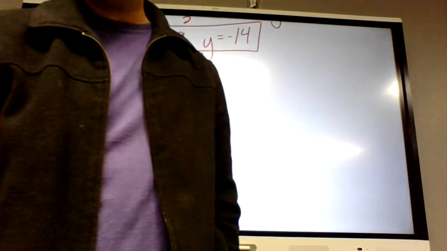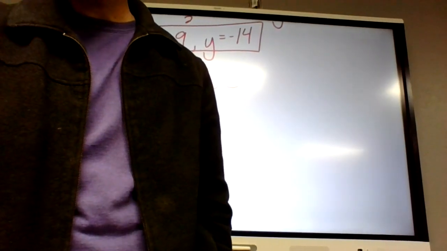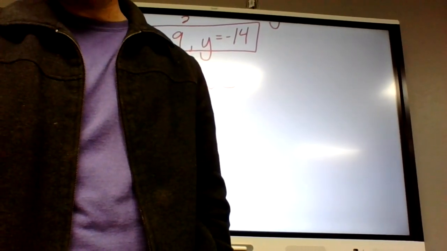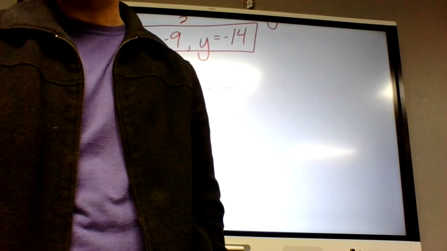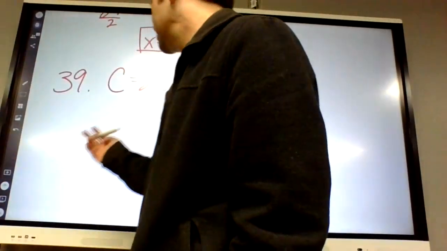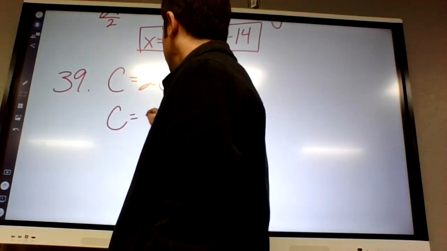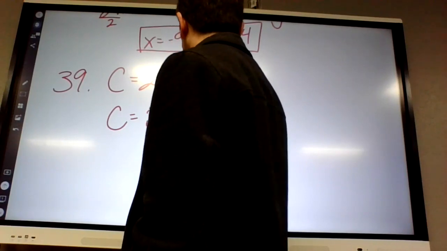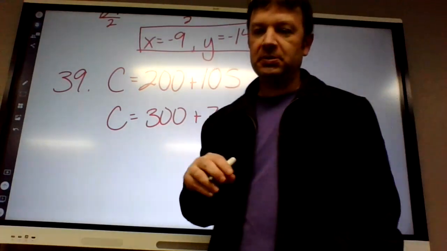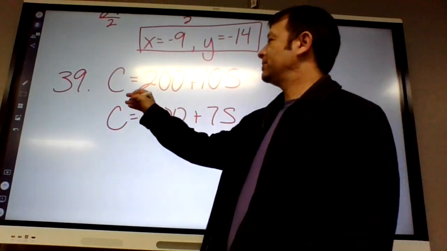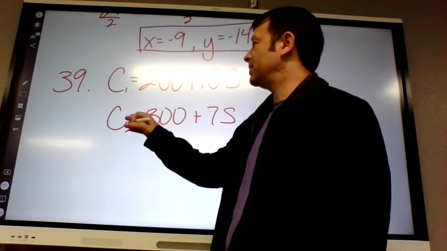And then it says the cost of renting the roller skating rink is $300 plus $7 per skater. So actually these C's are C1 and C2. They're actually different.